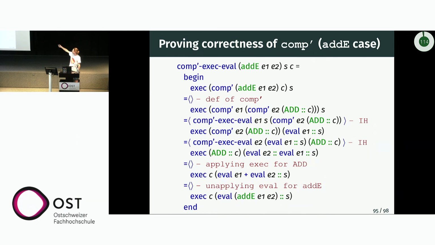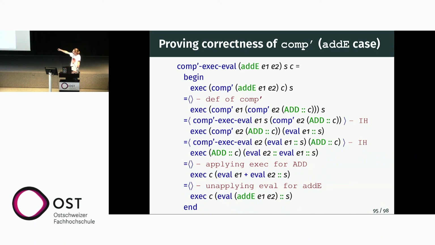And this is the case for the addition, where compiling the addition, that was this thing, right, where we make 2 recursive calls and then have the addition on the stack. And because we have 2 recursive calls, well, we have to follow the structure of our function, right? So we have to apply 2 induction hypotheses. So first for the outer one, sorry, for the E1, so the E1 gets evaluated and pushed to the stack, right?